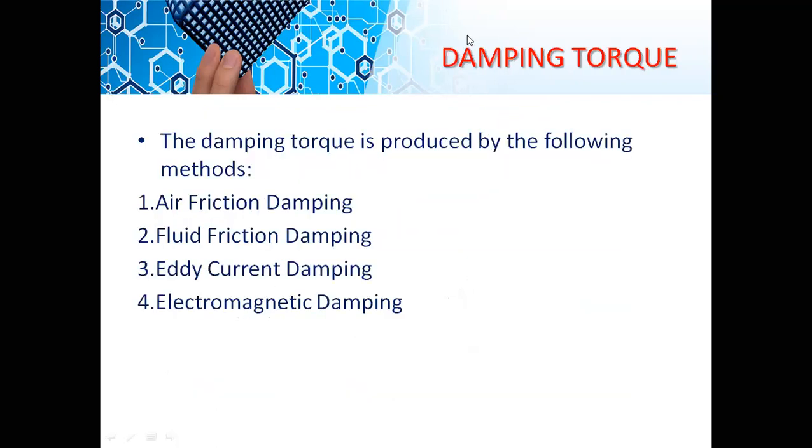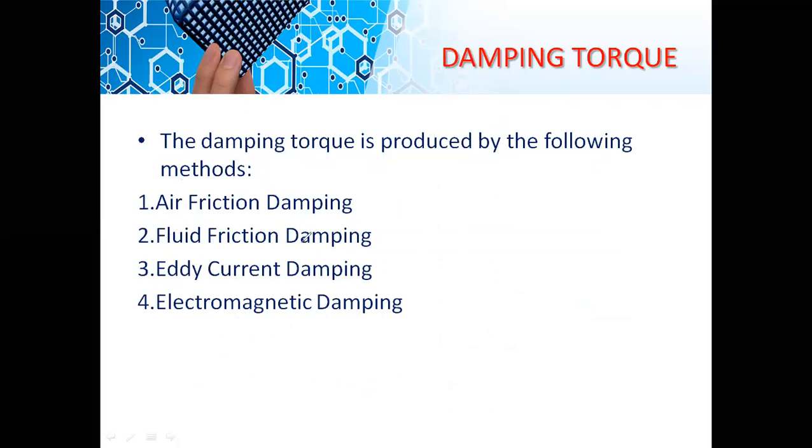So we'll see what are the different ways to produce the damping torque. The damping torque is produced by the following methods. First one is air friction damping.